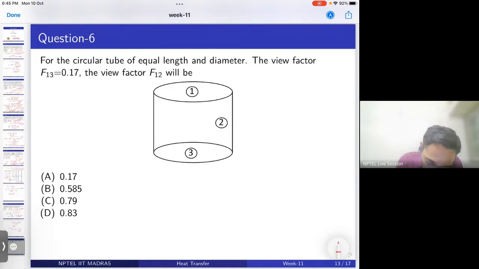Here we have to find out the F22. So that is this question for change.